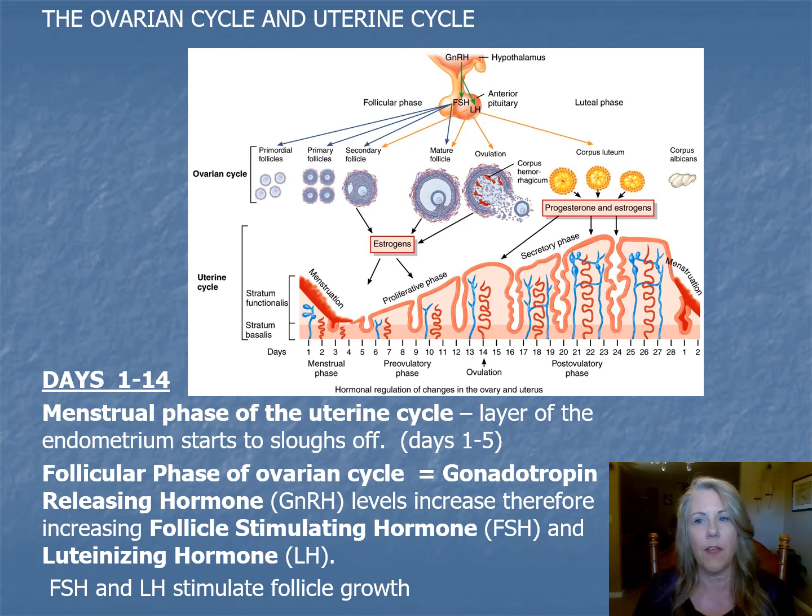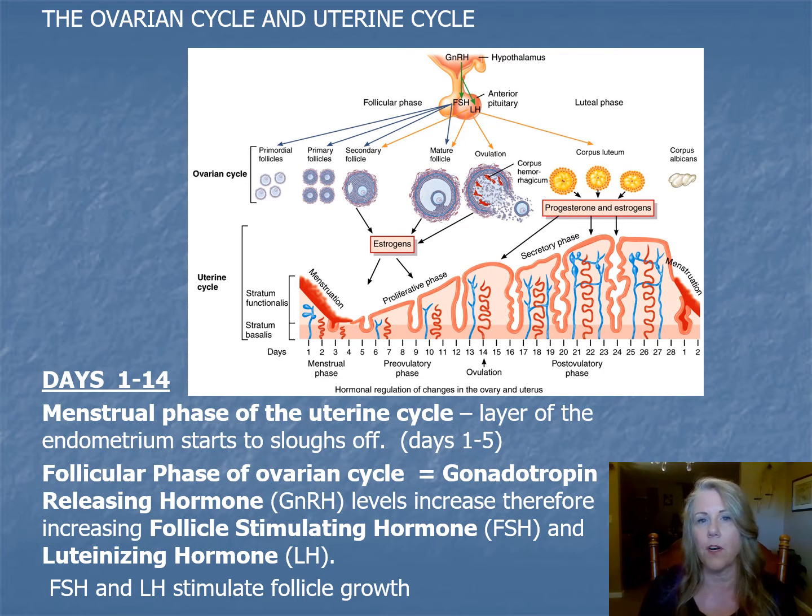That's how that happens. The inner layer completely comes off. That bleeding and the tissue is part of the period that will come out. That usually happens between 1 and 5 days, the first 5 days. So menstrual phase, days 1 through 5.